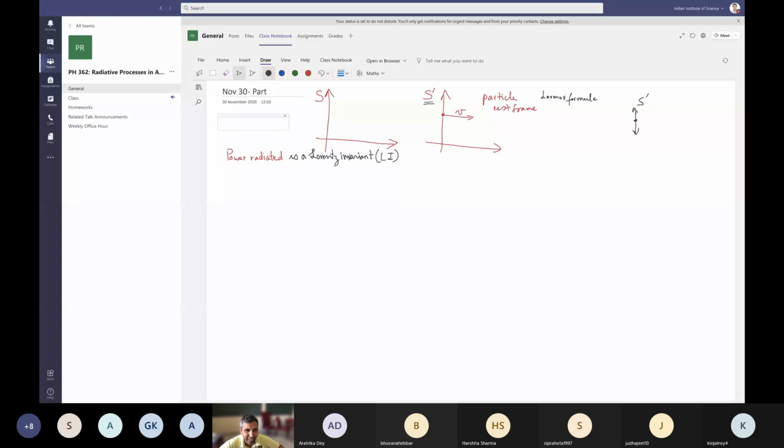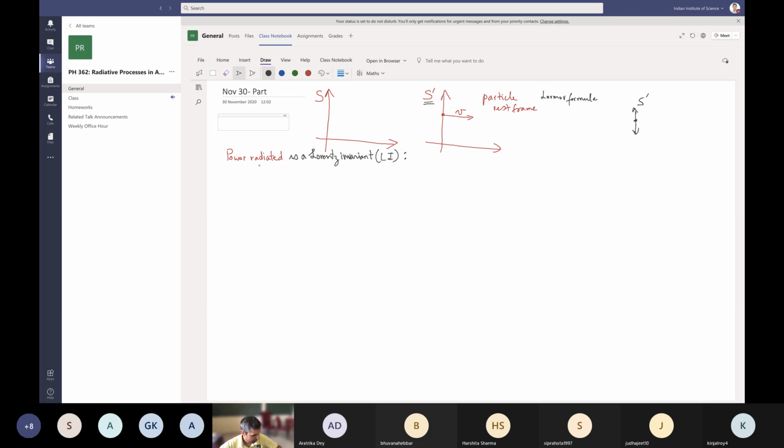It means that it's a scalar. If I measure the total power radiated in frame S prime or in frame S or any other frame which is moving relative to frame S or S prime at a constant velocity, I'll measure the same power. What is power? Power is energy radiated per unit time. So let's see how we can motivate this, that power radiated is a Lorentz invariant.